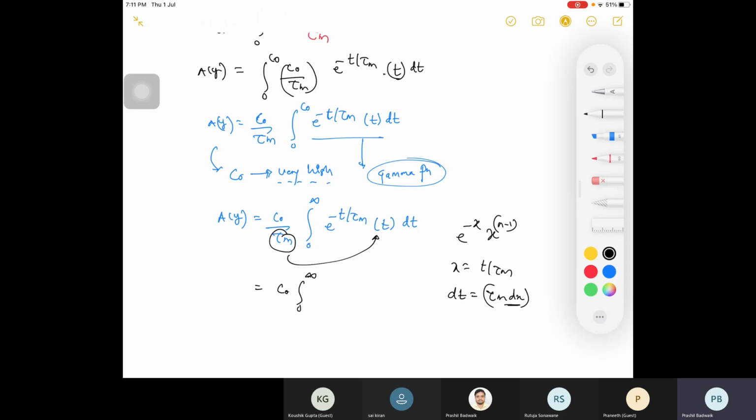C naught, 0 to infinite, then e to the power minus x, and dt divided by tau m is dx.